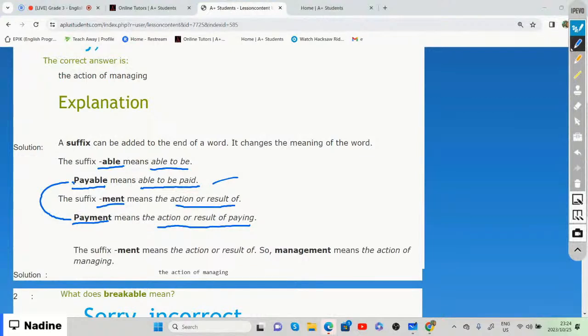If you look at the suffix able, can you think of more words with the suffix able, as well as ment? If we think of the word ment, for example, we can maybe say improvement.